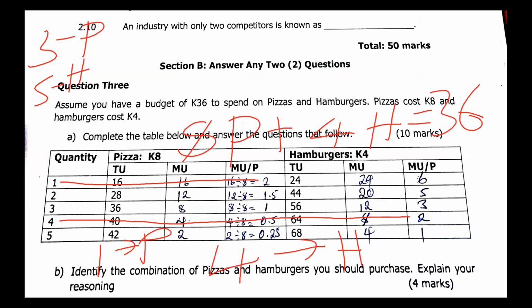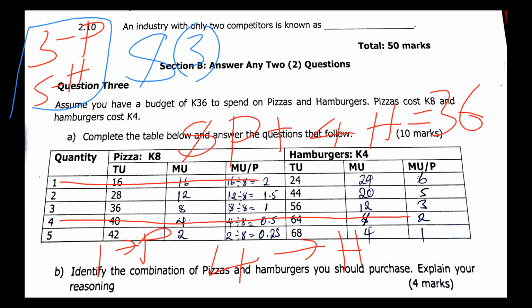Okay. So what you do now, these combinations you have gotten, you subject them to the constraint to check which ones are feasible, right? Which of these are feasible? Which of them you can actually manage? So let's start with the first combination. I'll use the blue marker for the sake of clarity. 8 times the pizza, the first, we are starting with this combination. 8 times the pizza is 3, right?